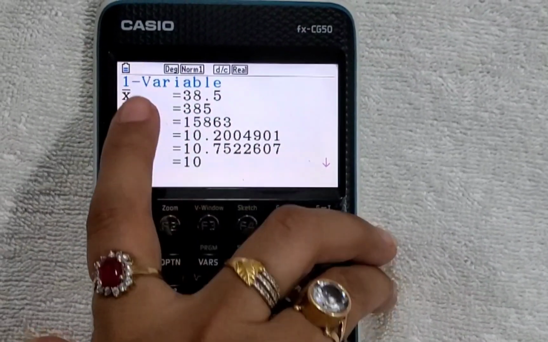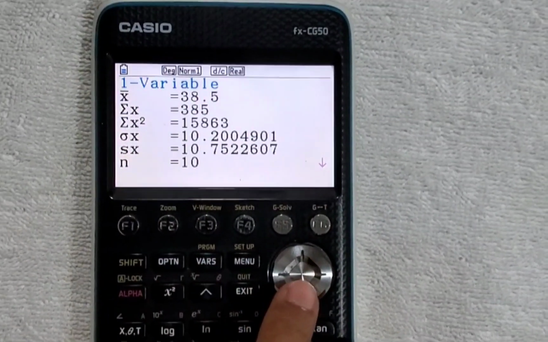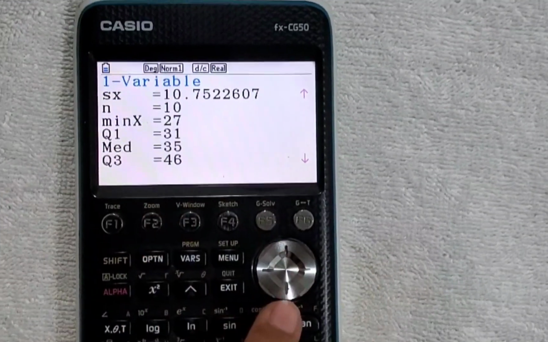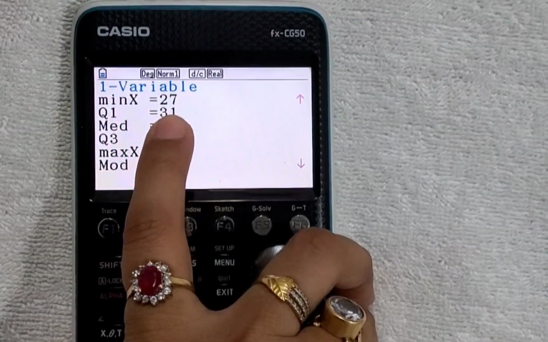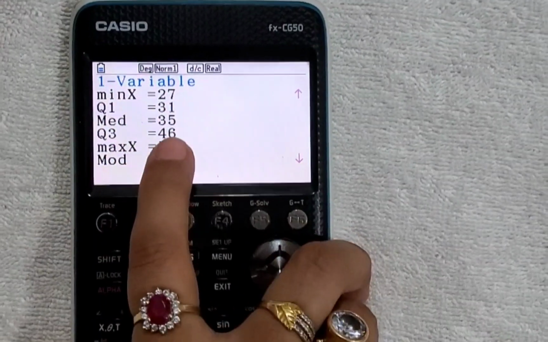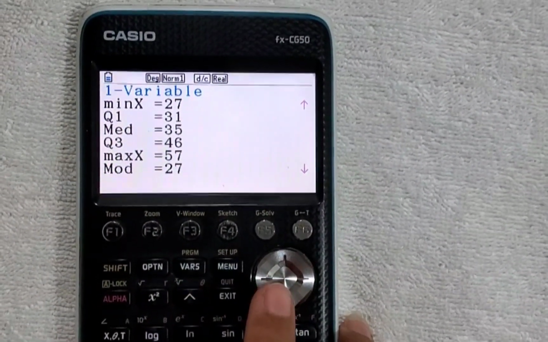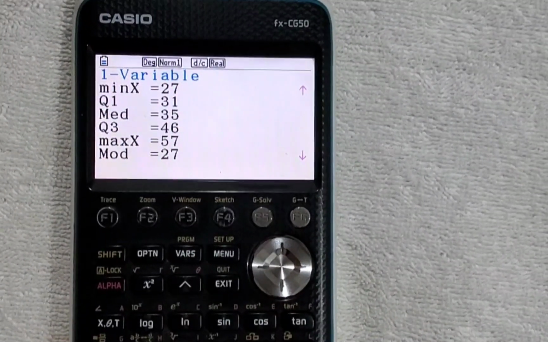Here you can see x bar, which is the mean, that is 38.5. When we go down, we will see the median as 35 and the mode as 27. Q1, that is 31, is the lower quartile. Q3 is 46, that is the upper quartile. So if we subtract Q1 from Q3, we will get the interquartile range.